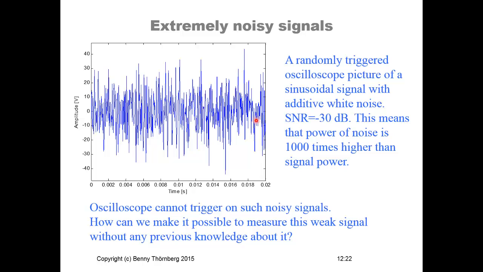The signal to noise ratio here is minus 30 decibel, which means that the power of the noise is like 1000 times higher than the signal power. So there is no way the oscilloscope is going to be able to trigger. How can we then create a situation where we can utilize the mean value computation if the oscilloscope cannot trigger?